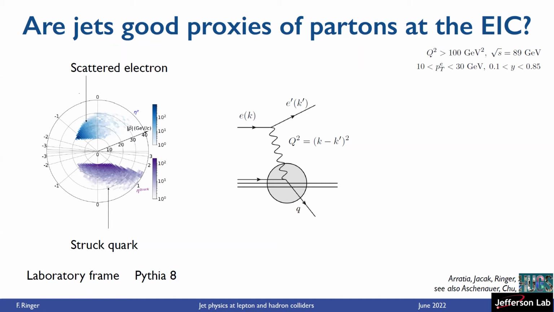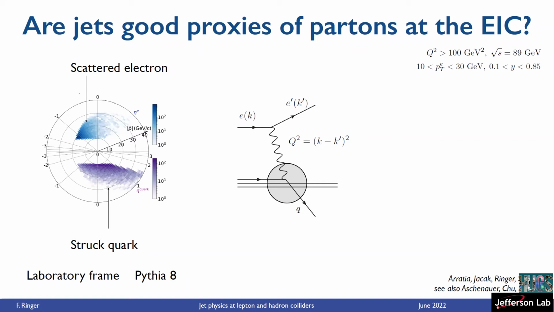The rapidity is basically the polar angle relative to the beam axis. You can think of the beam axis going in this direction, and then central or mid rapidity is here, exactly transverse to the beam. Then you go forward or backward into the beam direction, where the beam is here. In this 2D histogram, you then see where you expect to find, in terms of momentum and rapidity, the struck quarks in DIS processes at the EIC.